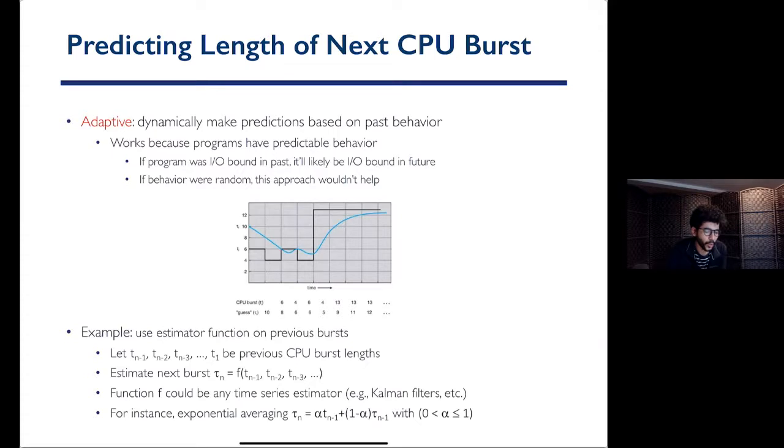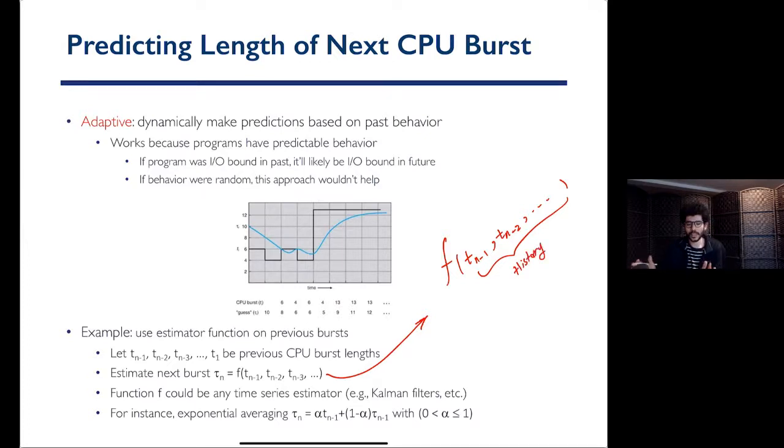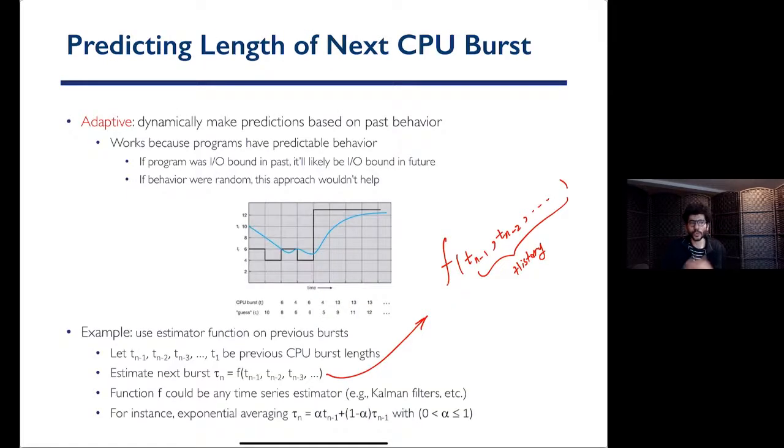So in terms of prediction, we usually are talking about this function that gets the execution times, the previous execution times, all the way. So these are the history data, right? So how long this task's CPU bursts were so far, and then I could have a function that uses that data to make a prediction about the future.